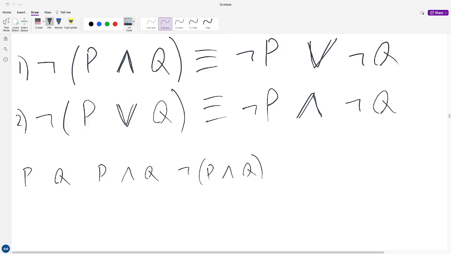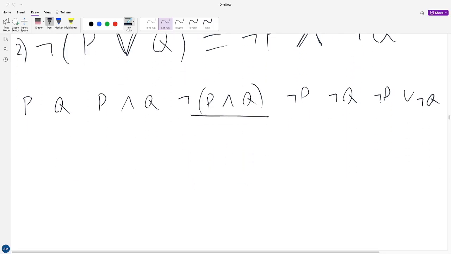And we also have not P and not Q and not P or not Q. So we have to add the not P, not Q. We are basically building up from the atomic propositions P and Q to the more compound propositions by adding one logical connective at a time. So we tack on this and first, and then we tack on the not to this P and Q, and then we tack on the not to the P, not to the Q, and then we tack on the or with the not P or not Q.